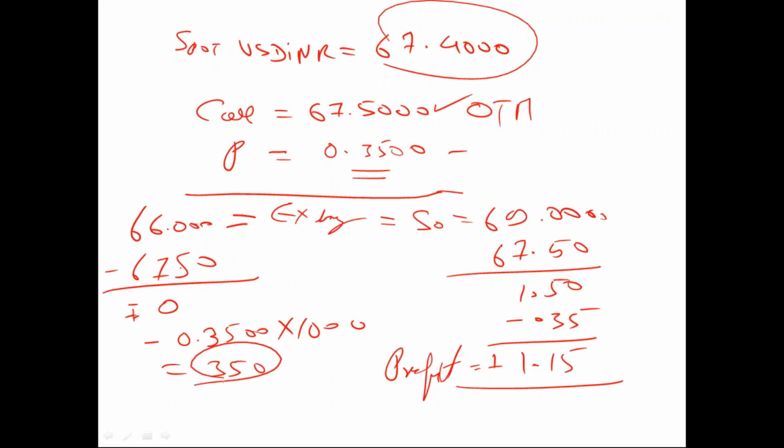Not more than that loss you have to bear wherever the market goes. So if the USD INR falls, so that means USD becomes cheaper, your maximum loss would be 0.3500 per option contract, and lot size was 1000, so maximum loss will be 350. As simple as that. So you have limited loss, unlimited profits on a call option you are buying.